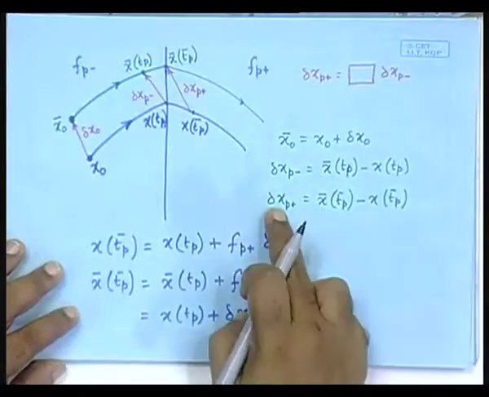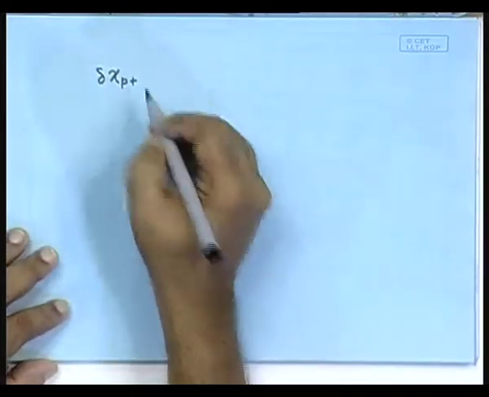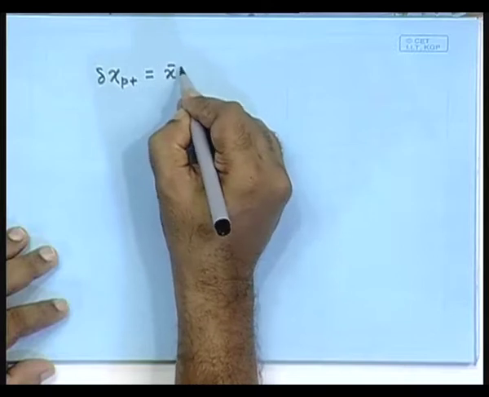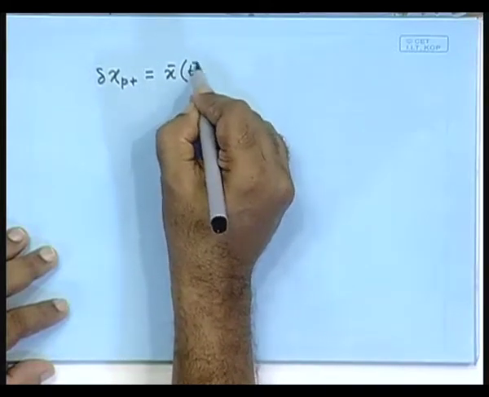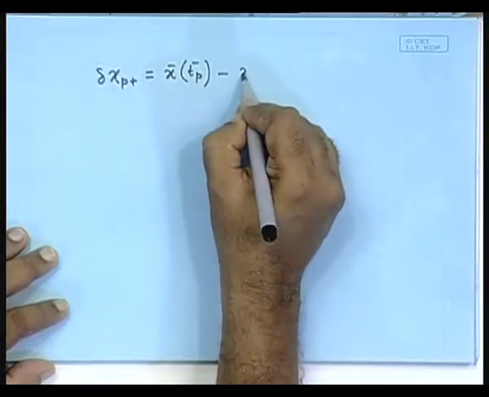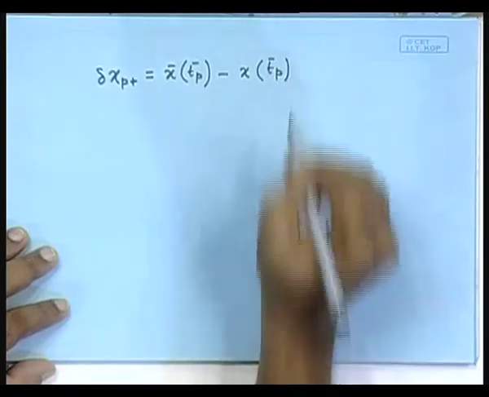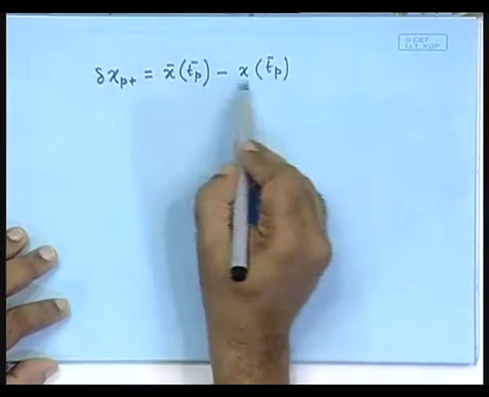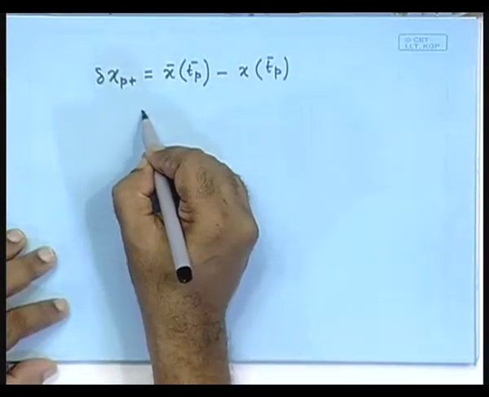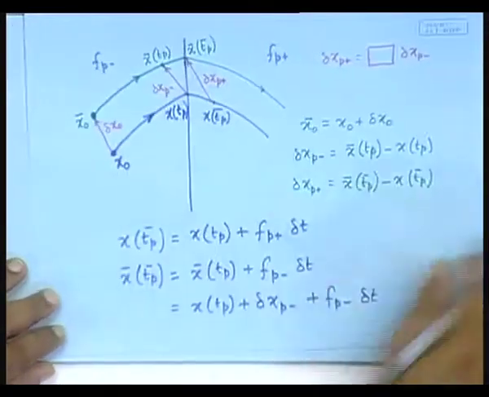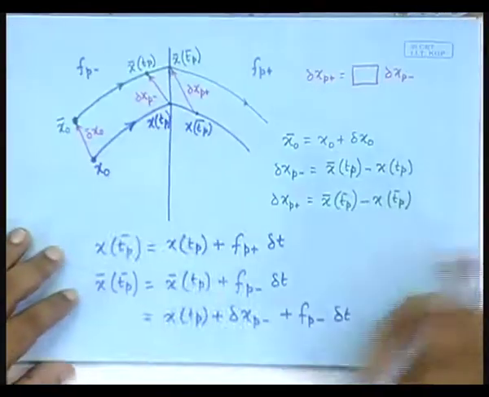We have already seen that this is x bar T p bar minus x T p bar, and the two right hand sides we also know. So, we will express it as x bar T p bar is here and x T p bar is here.